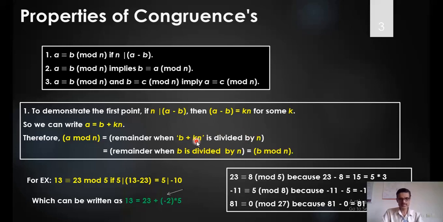So I can simply say that this equation is nothing but the remainder when b is divided by n, only this portion divided by n. This is the equivalent equation, which is nothing but b mod n. So we can say that a mod n is actually equal to b mod n.